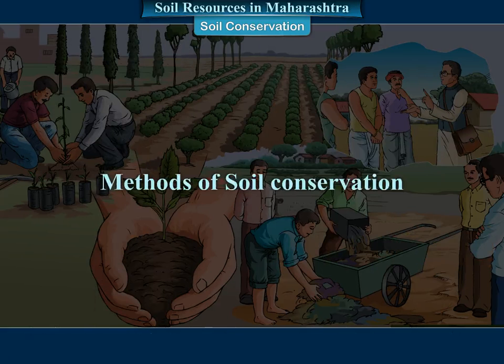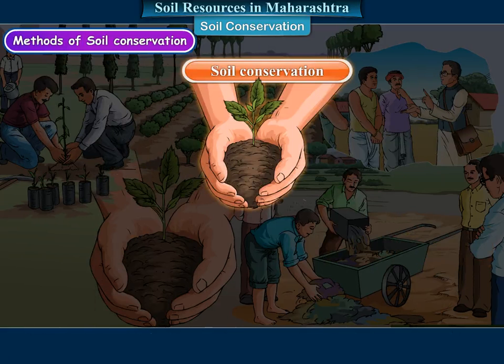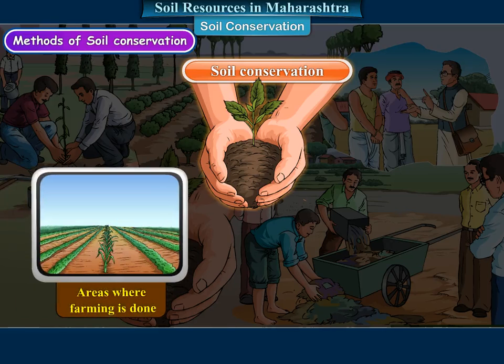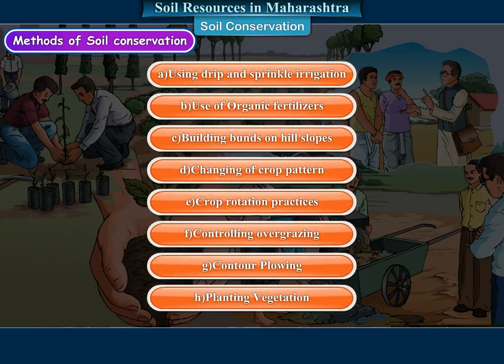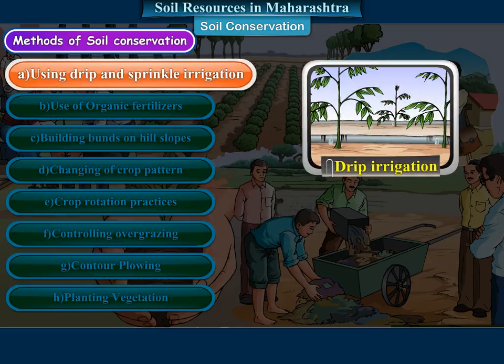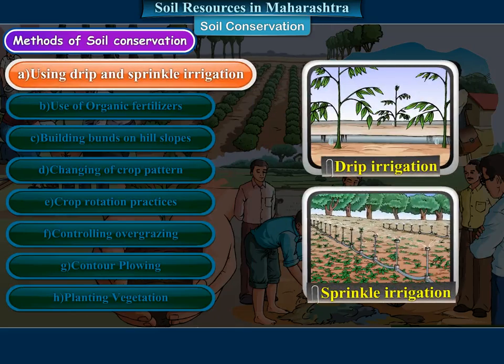Methods of soil conservation. There are many ways to conserve soil. Some are suited to those areas where farming is done, and some are according to soil needs. Here are the various soil conservation practices. A. Using drip and sprinkler irrigation.